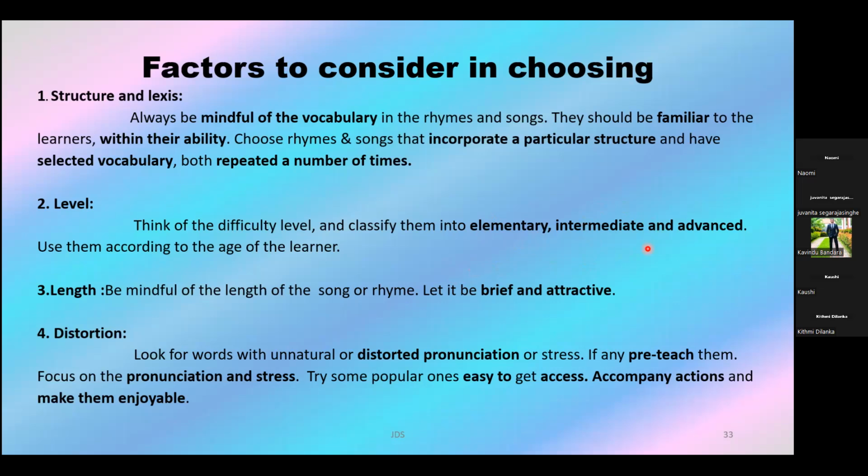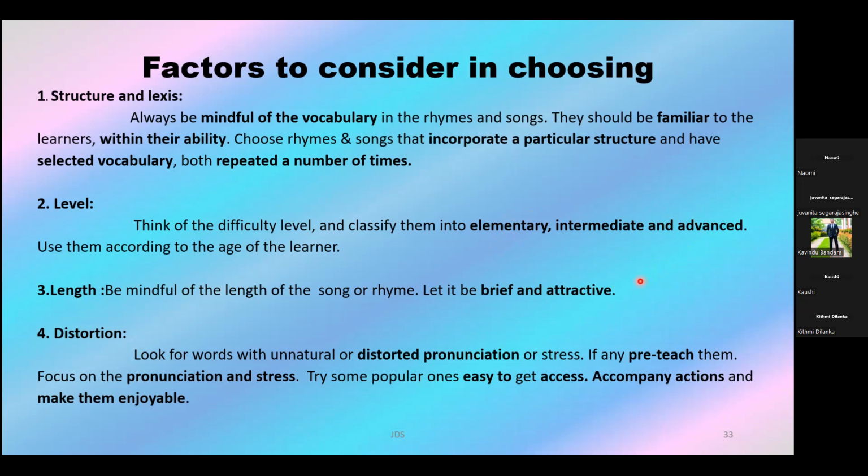Then you have the intermediate rhymes. And you also have songs and rhymes, mostly songs. We don't use rhymes with advanced ones. With advanced learners, or maybe with intermediate and advanced learners, both groups, you can go in for different kinds of songs. Right? So songs and rhymes are categorized under these three categories.